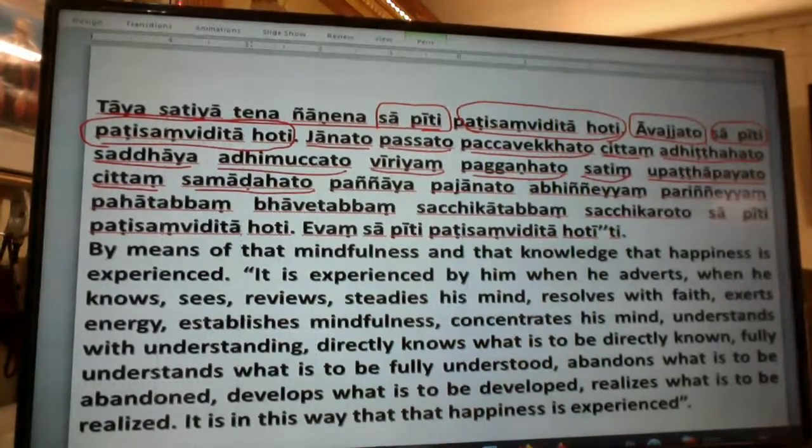Samadahato is focusing, strongly focusing, very strongly focused on the meditation object. Okay? Samadahato. And then Paññaya: here Paññaya is wisdom, with wisdom. Pajanato: very clearly understanding.